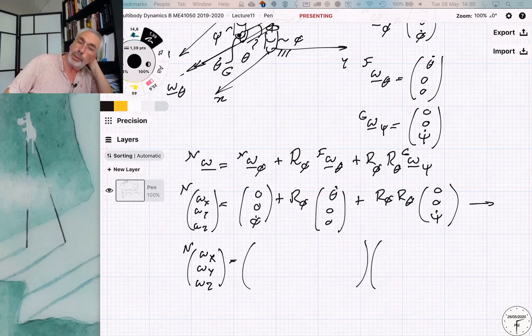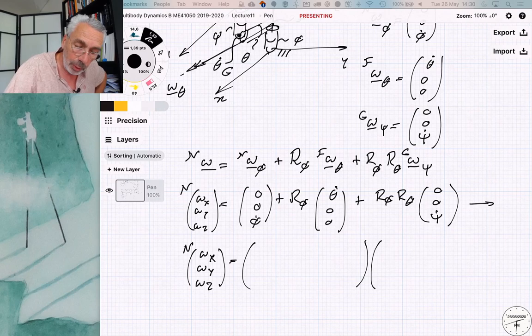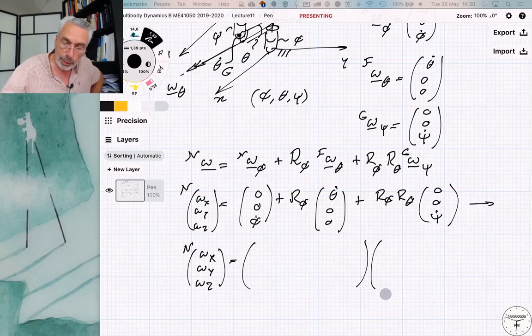But now we are in trouble, because look at it. We wrote this as a vector with this third component, first component, third component, but we cannot write it like that. So we have to find an order, and since the order of rotation is here phi, theta and psi, that is the order we're going to use to write it here.